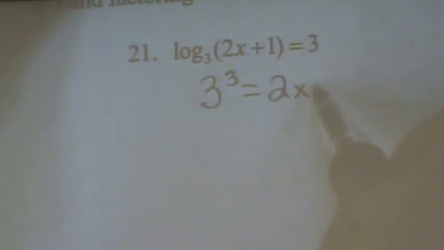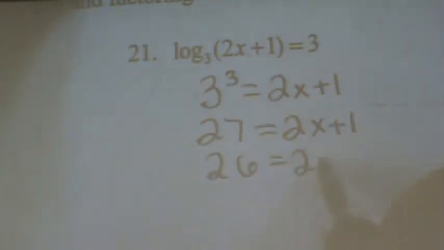Done. How about this one? Rewrite it. How do you rewrite that? 3 to the 3rd power, which is not 9. What is it? X equals 13. Subtract 1, get 26, divide by 2, and you get 13.